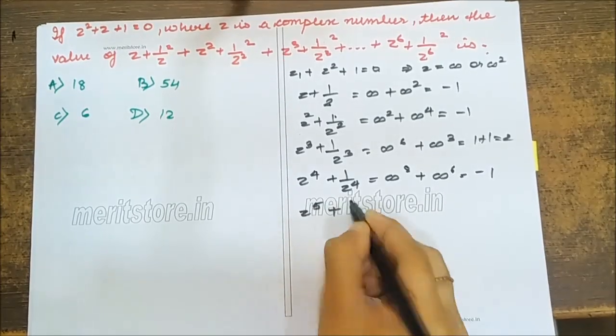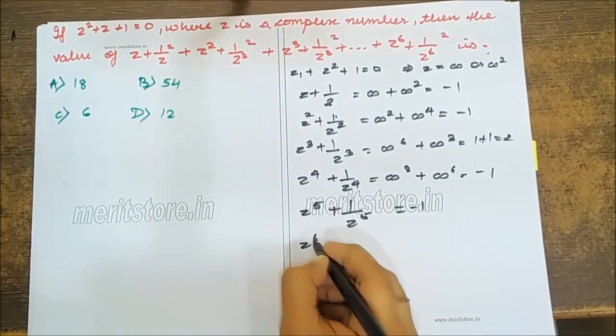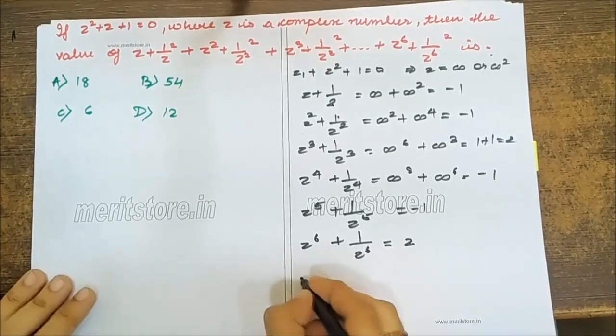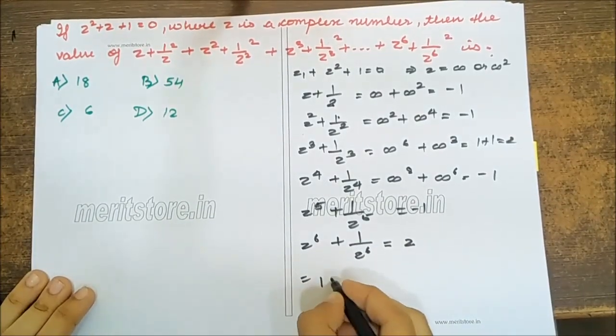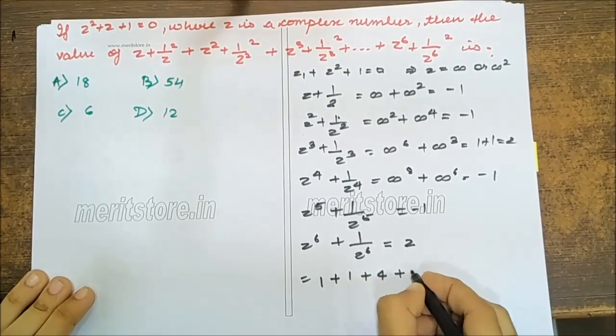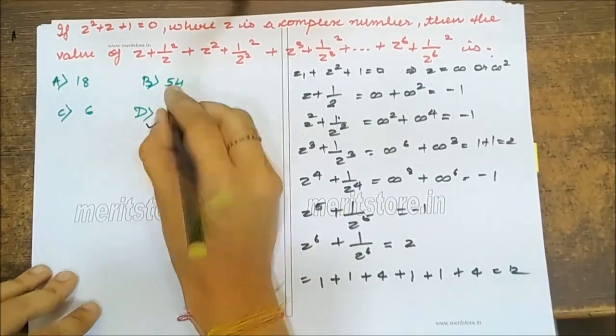Similarly, z raised to 5 plus 1 upon z raised to 5 is equal to minus 1. Z raised to 6 plus 1 upon z raised to 6 is equal to 2. Therefore, the required solution is 1 plus 1 plus 4 plus 1 plus 1 plus 4, that is equal to 12.